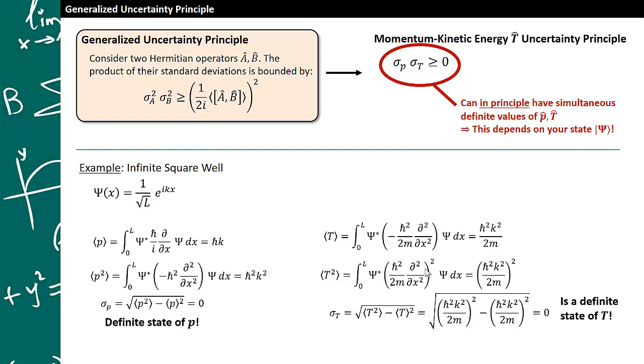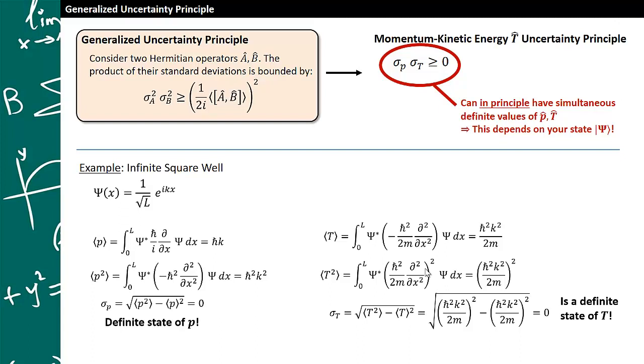And the expectation value of kinetic energy squared, it looks like I get the same thing squared. So ultimately, I find that I have zero uncertainty in the kinetic energy as well. So I'm in a definite state of kinetic energy. This particular state has a definite value of the momentum and a definite value of kinetic energy simultaneously.